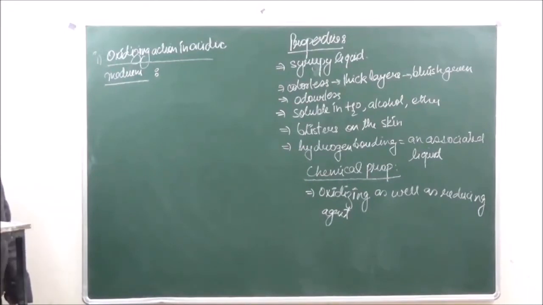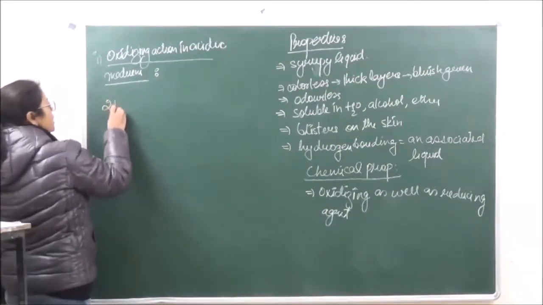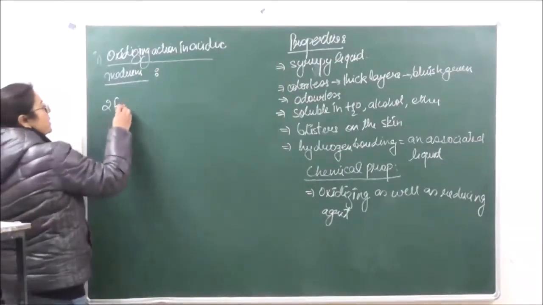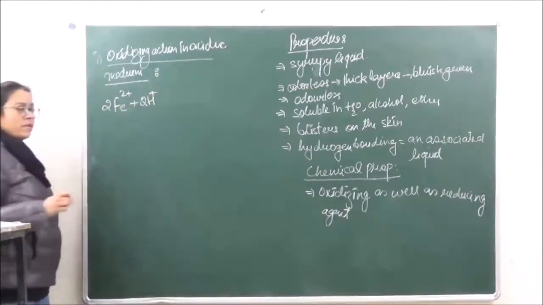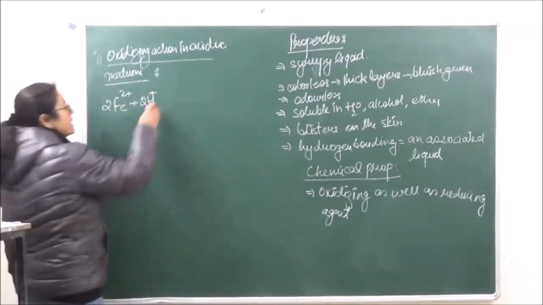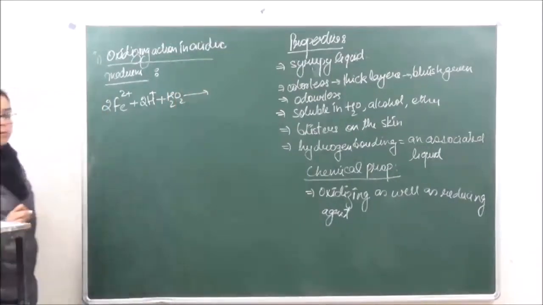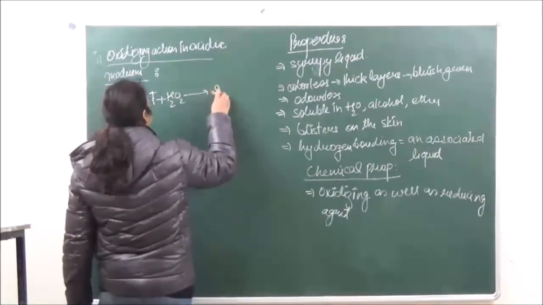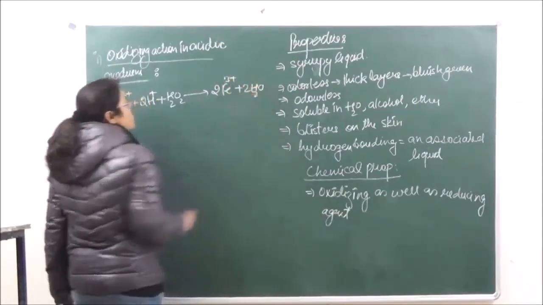In case of acidic medium, it has the tendency to oxidize ferrous ions to ferric ion. So the reaction, this is strictly according to the NCERT book which we are doing. We are not going into too much detail over here. So in acidic medium, we are doing the reaction 2H positive, and the reaction will take place in presence of H2O2 because that is behaving as the oxidizing agent. We are going to get over here 2Fe3 positive plus water.